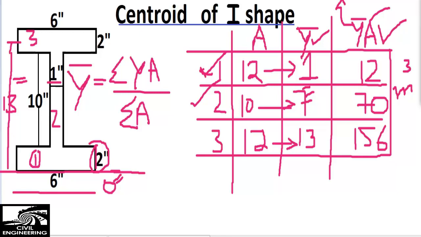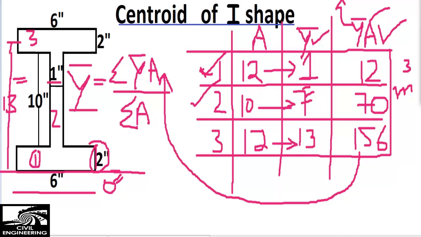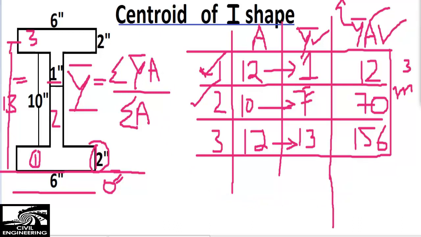So we find the values, and then we put these values into this equation, right? This is the main equation of y bar, and we will put these values. So we are going to find its summation of ya, alright?